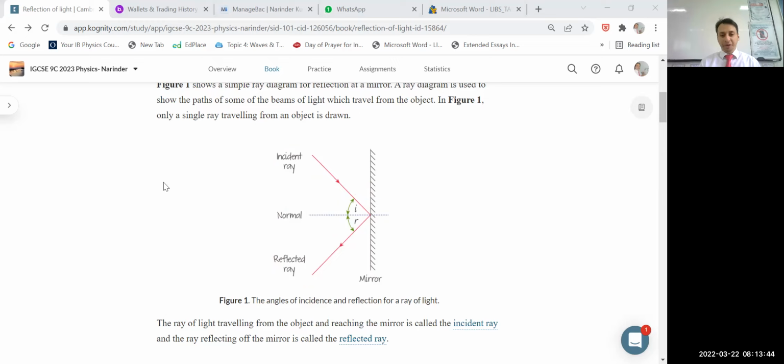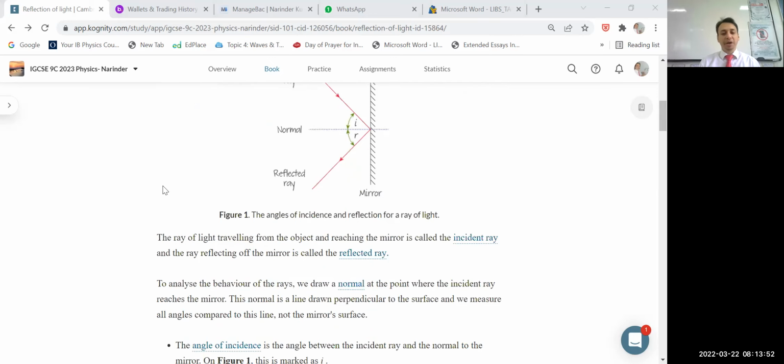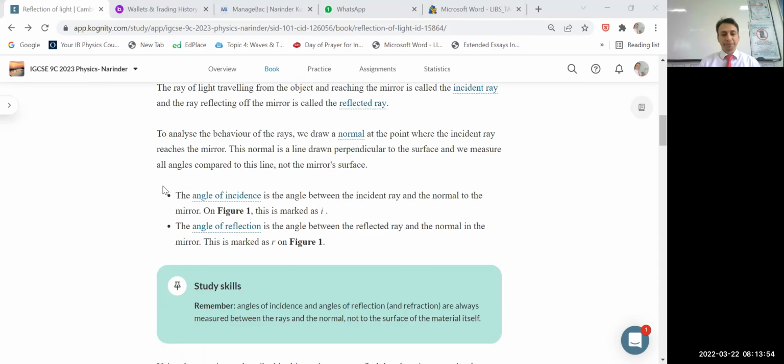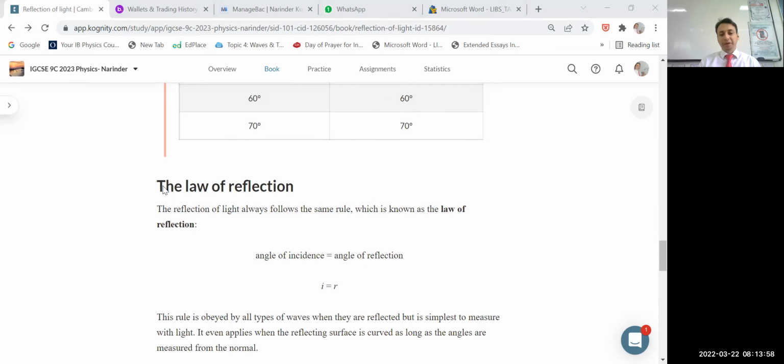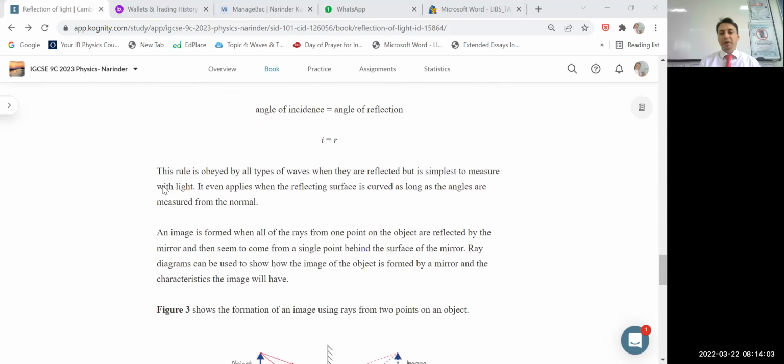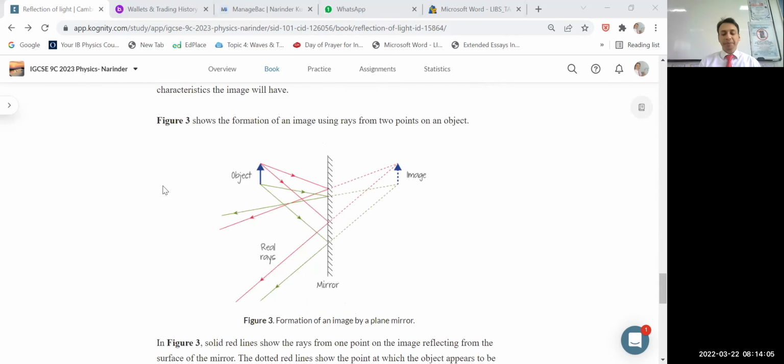You can make this diagram by keeping the mirror in a vertical position, or you can also draw this diagram by keeping the mirror in the horizontal position. We have also discussed this formula, the law of reflection: angle I is equal to angle R.